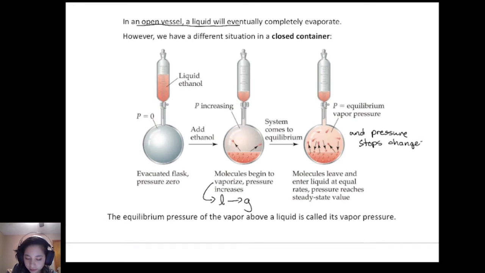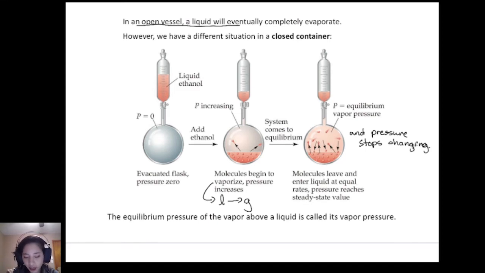So eventually, after we introduce our ethanol sample, the pressure will increase, and then eventually that pressure will just stop changing. It'll come to what we call an equilibrium pressure, where it stops changing. It's not that gas molecules are no longer being produced.